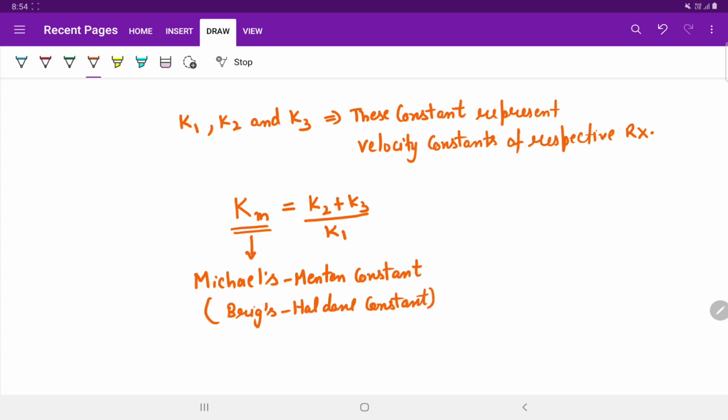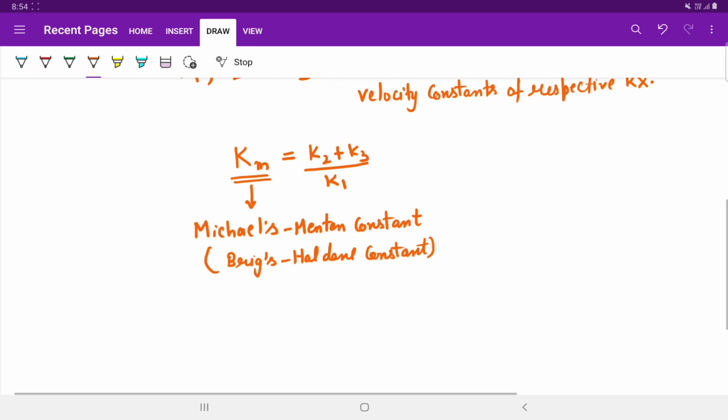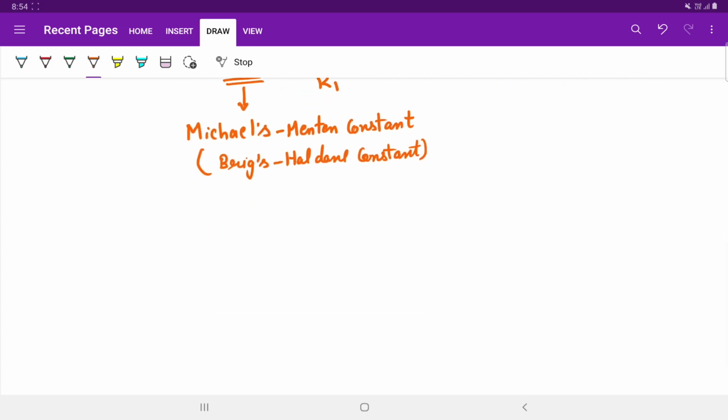After suitable algebraic steps, a particular equation is obtained, which is represented as the velocity of the reaction is equal to Vmax multiplied by the substrate concentration divided by the sum of the Km and substrate concentration.